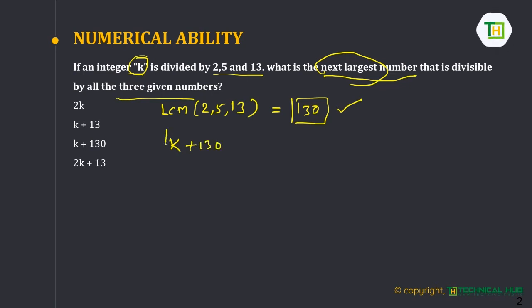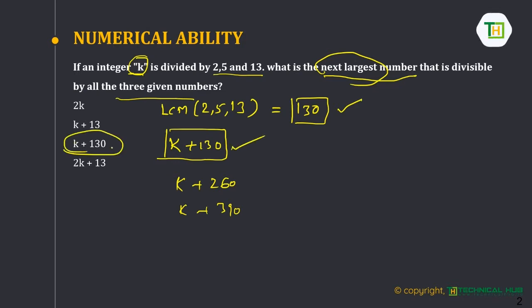It means for every 130 numbers, that is the LCM of those numbers, it is divisible by 2, 5 and 13. Again after that, k plus 260. After that, k plus 390. Like that it will continue, but he is asking what is the next immediate largest number, that is k plus 130.